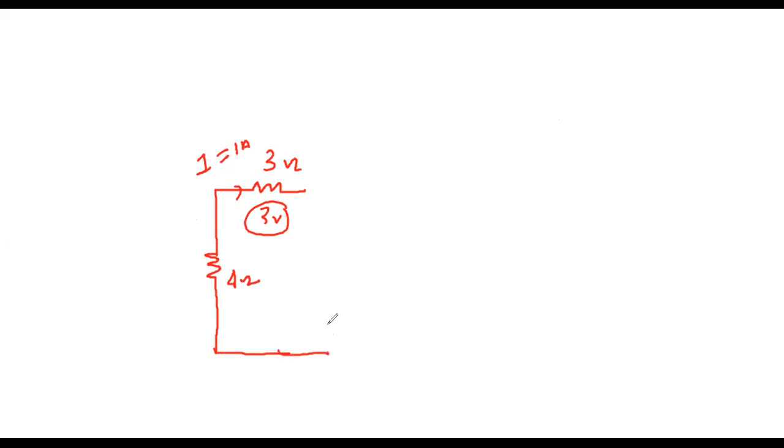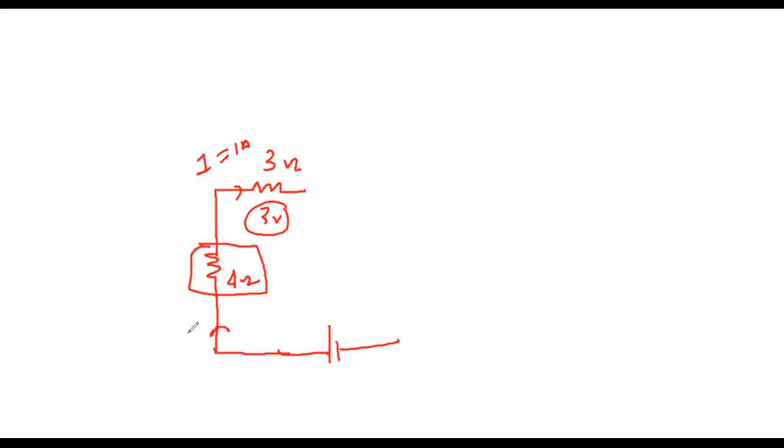See, this is our circuit, 3 ohm. The total current we calculated as 1 ampere. So 1 into 3, 3 volt across this. Now the effective resistance of these two was 4, right? This effective was 4 for this circuit.